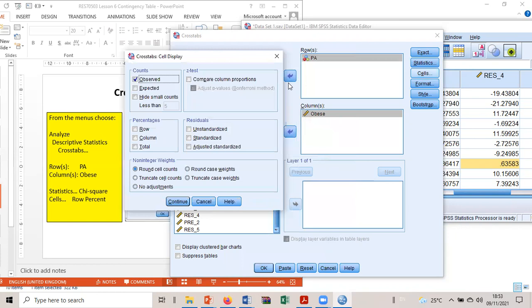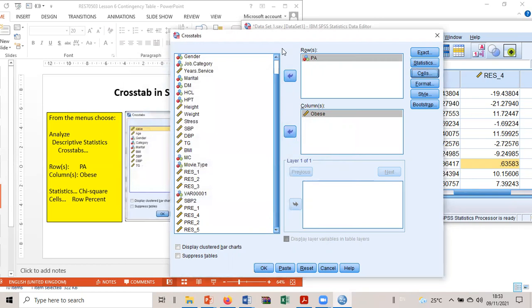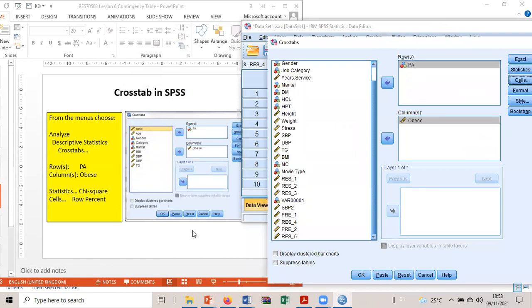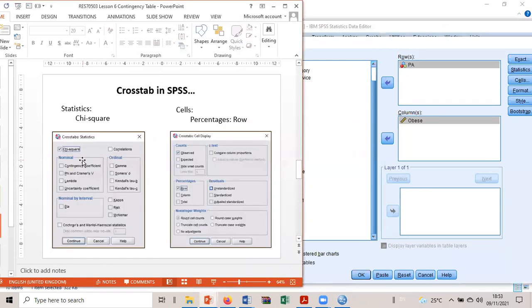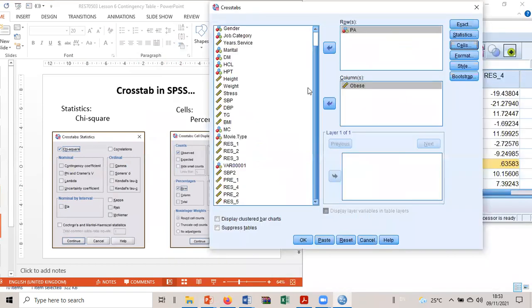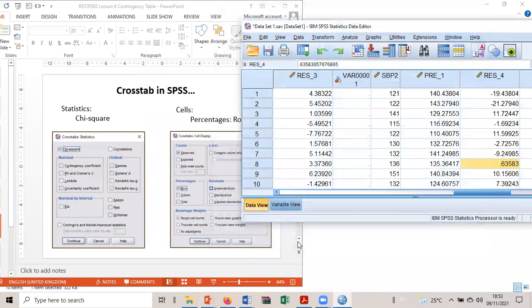Cells, row percentage. That's all. Okay, so go into that. Check this chi-square and the row percentage. That's all. Okay.